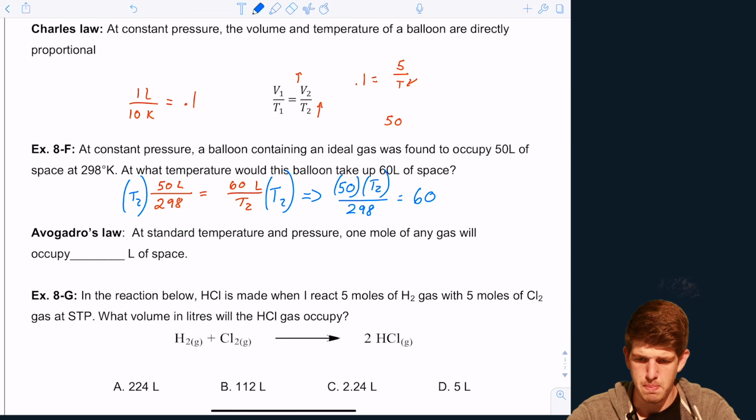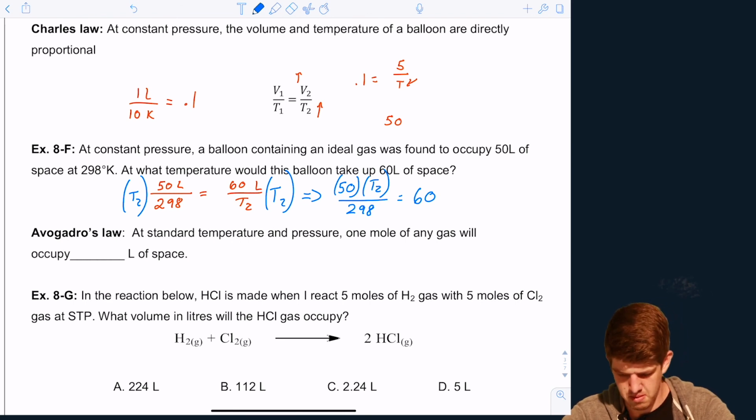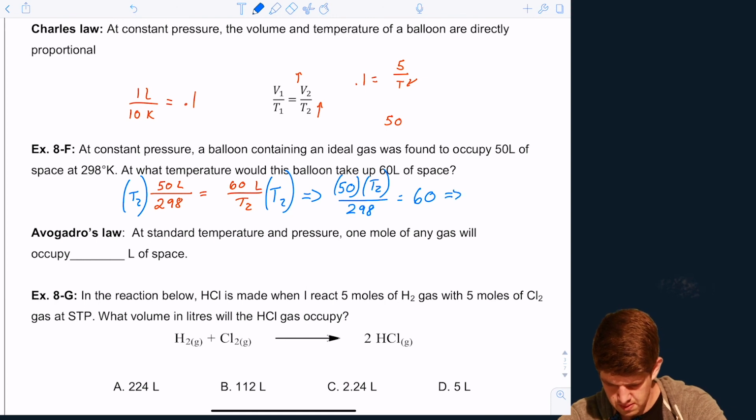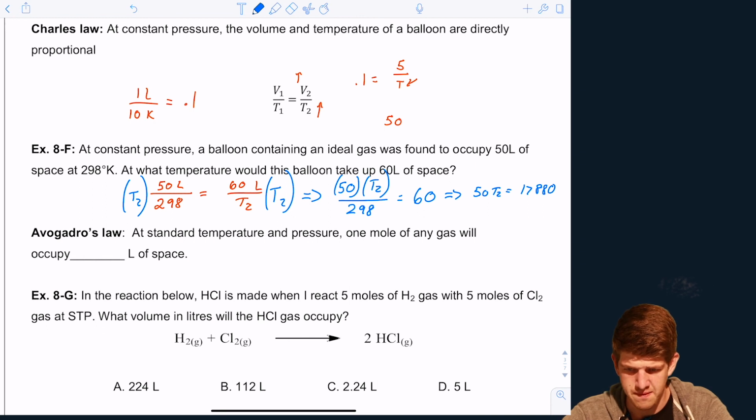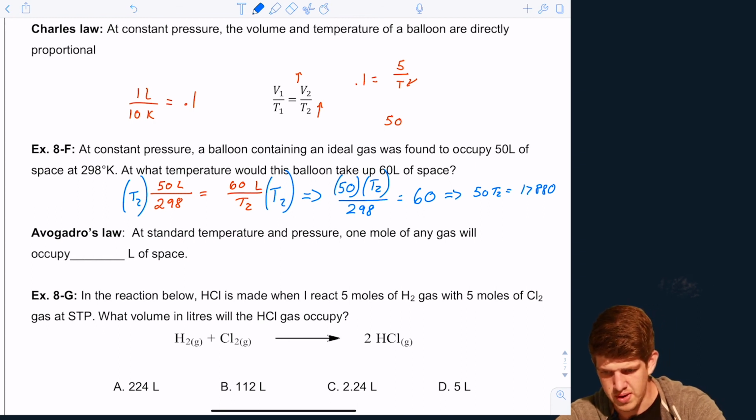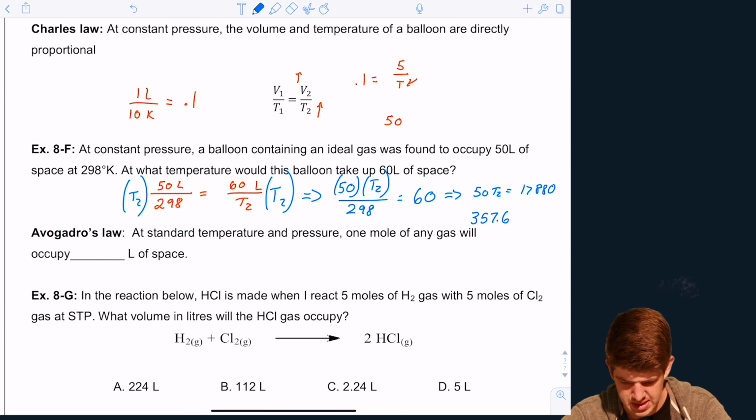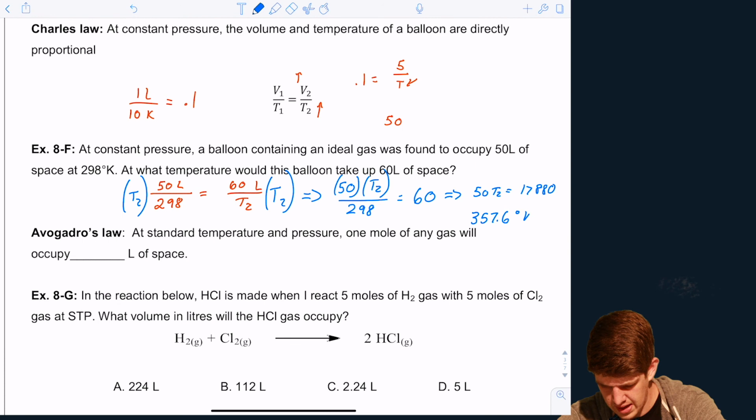Multiplying both sides by 298, T2 is equal to 1,700 and 880. Now, dividing both sides by 50, we have 357.6. So the new temperature to account for this expansion would have to be 357.6 degrees Kelvin, and that is T2.